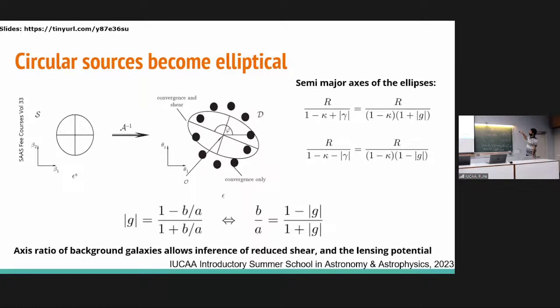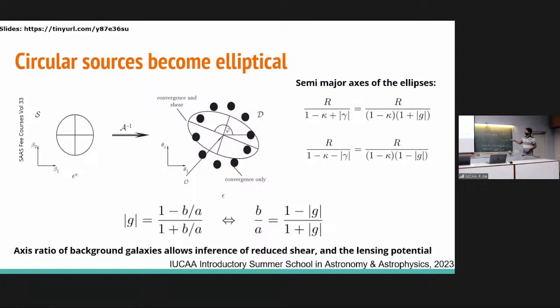You'll just remain with 1 plus mod g and 1 minus mod g. You rearrange it and you get what mod g looks like. So mod g will just look like 1 minus b by a divided by 1 plus b by a. And equivalently, b by a will be this, which you can see.